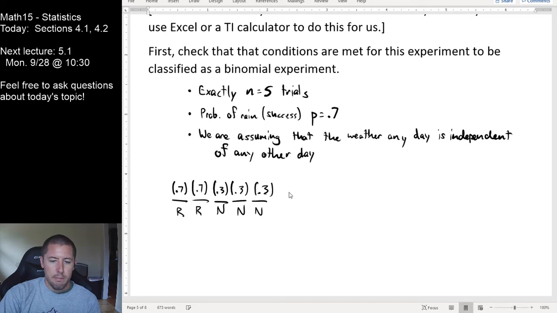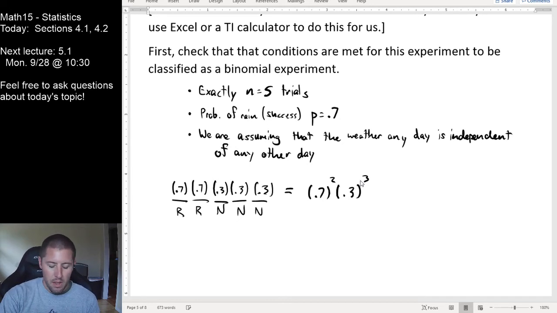And notice that I can more simply write this as 0.7 squared times 0.3 cubed. Notice that this is the probability of success to the power of the number of successes times the probability of failure to the power of the number of failures right here. And this is good. We're very close to actually just, in a sense, already being done with answering this question.